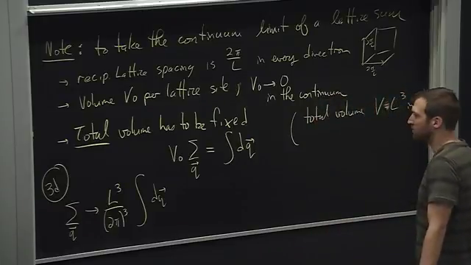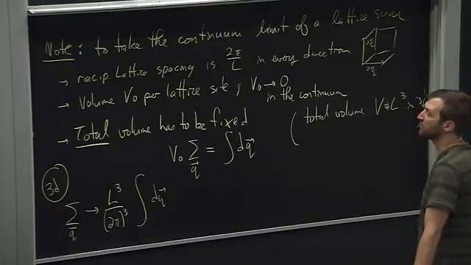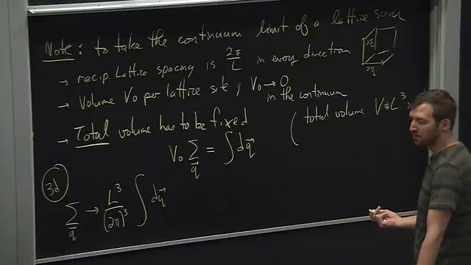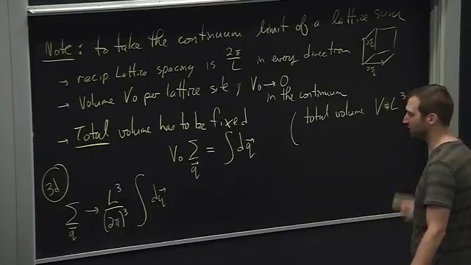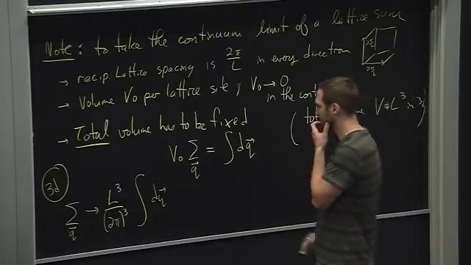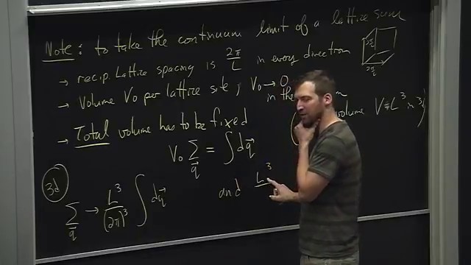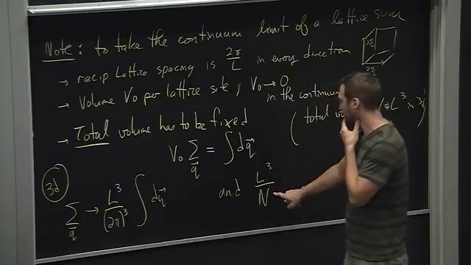Anything else I have to know? There's an n, right? So there's a number of lattice points. So L cubed over n is just a cubed. I don't know if that matters. n is the number of lattice points you have.